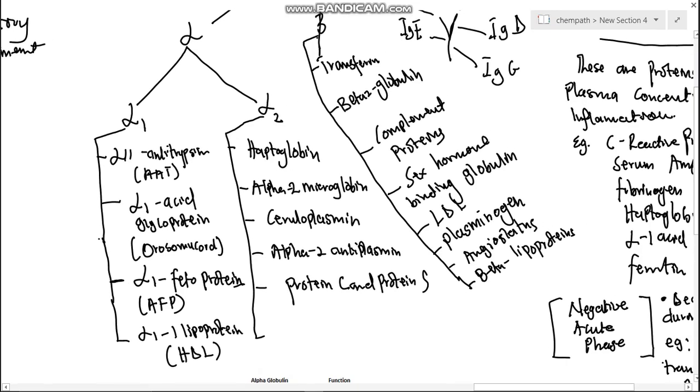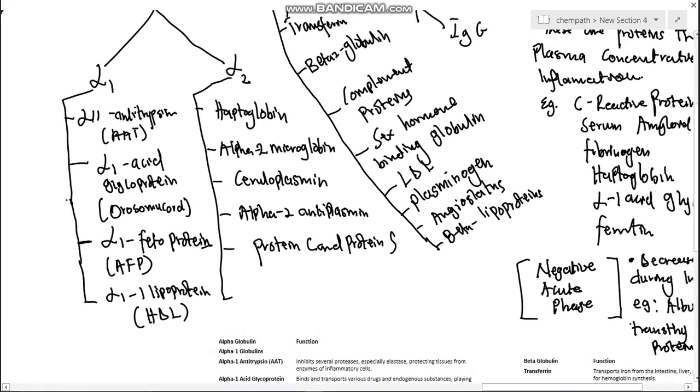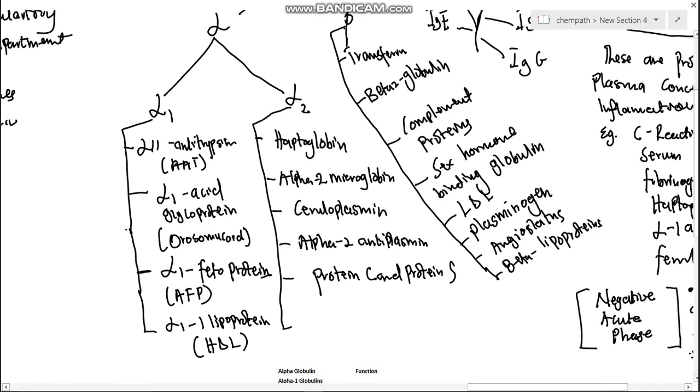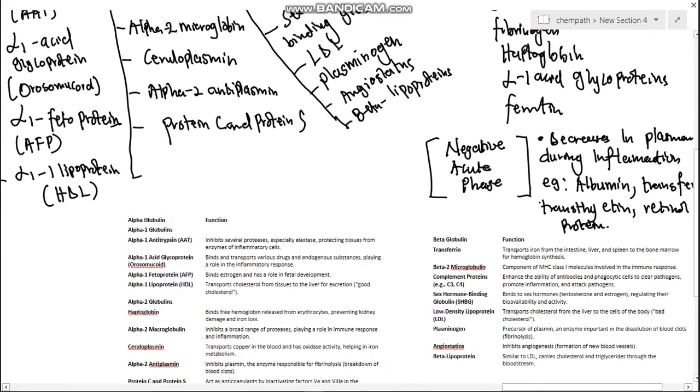In alpha 2 we have haptoglobin, alpha 2 macroglobulin, ceruloplasmin, alpha 2 antiplasmin, and then protein C and protein S. These are proteins found within the plasma, called alpha proteins. They have specific functions just like albumin. So here we will discuss some of their functions.